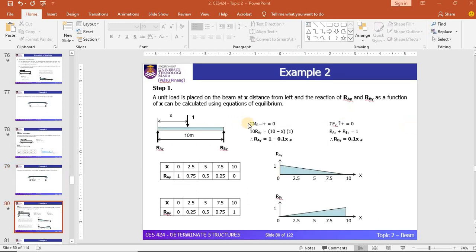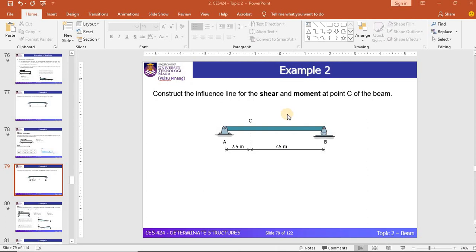As usual, you need to develop the equation. Right here, actually, you need to get the equation at support A and at B. But right here, actually, it's not necessary to develop the ILD for reaction at support, because our objective in this example is to develop the ILD for shear and moment.